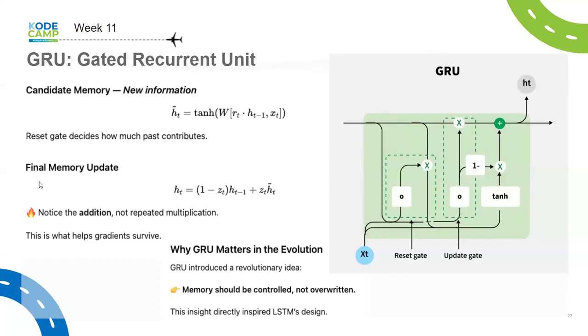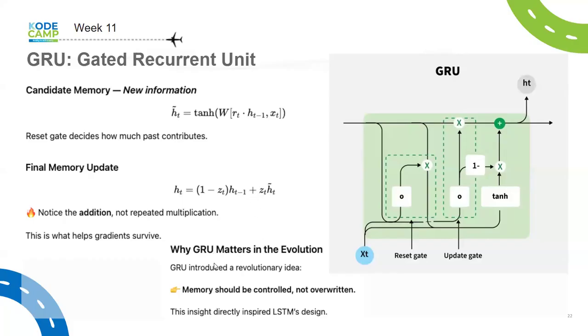The final memory, the final hidden state, will be 1 minus the update weight times the previous state, plus the update weight times this candidate memory. So you see this is still addition, just like the LSTM, and it's not repeated multiplication.